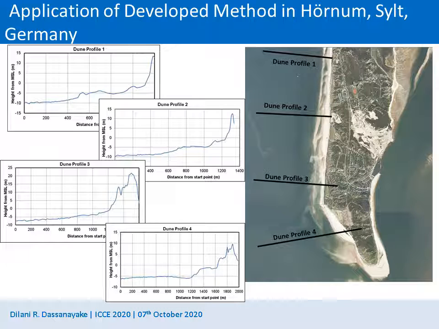I exemplarily applied the proposed method to estimate the beach dune ecosystem services losses in Sylt, Germany. Here I selected 4 distinct dune profiles along the west coast to investigate the damages due to an estimated storm surge using XBeach 1D modeling.